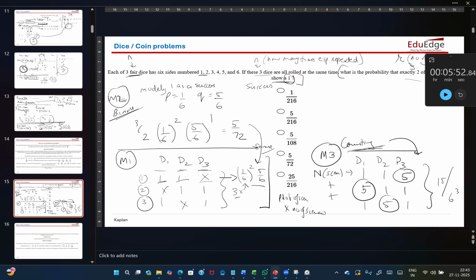This is going to build your concept. Now you will know either you do the number of scenarios into probability, or you just count within the scenarios and add, or you model it as a success, whichever is applicable and faster and more efficient. Got it? Yeah, this is good.